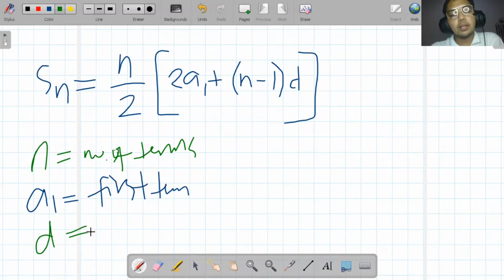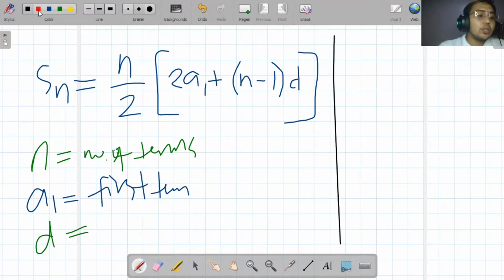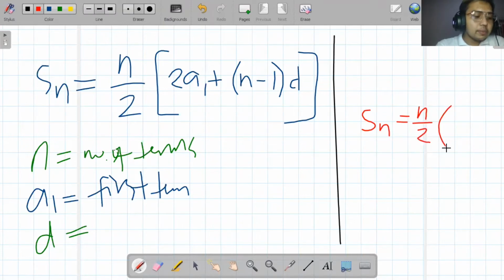If you know kung pila sila kabuok dapat i-add, and you are given the first term and then the common difference. The other formula, ang isa ka formula, nindot ni kay mas gamay siya.